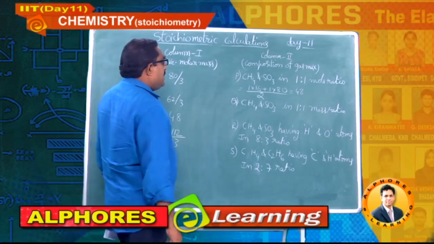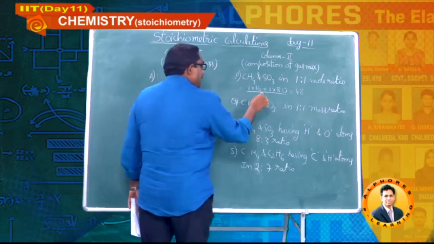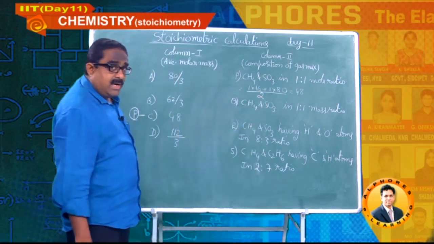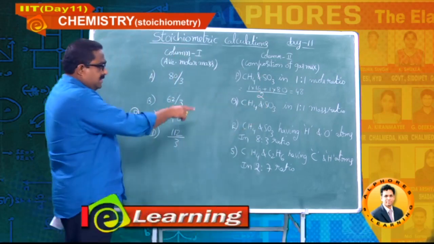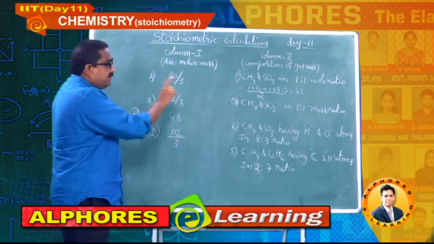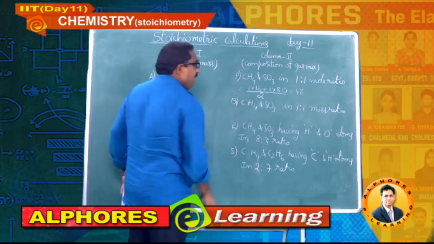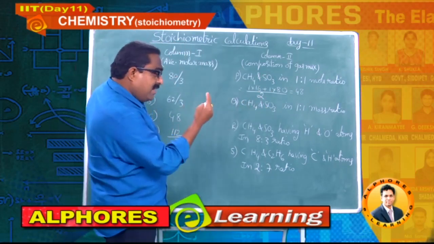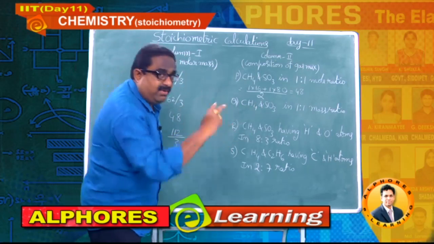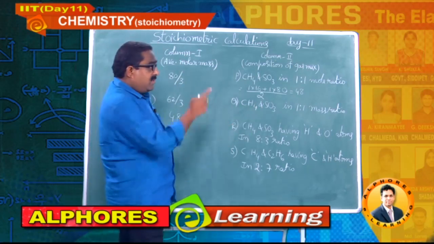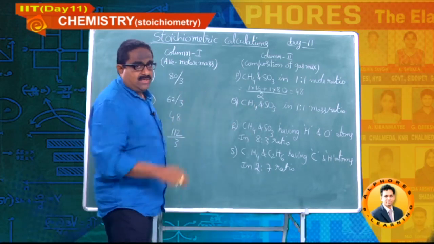Next, same gases. Write down students, otherwise there is a problem to note down. Okay. Same gas mixture, but this time he has given 1:1 mass ratio. First one moles ratio, second one mass ratio.